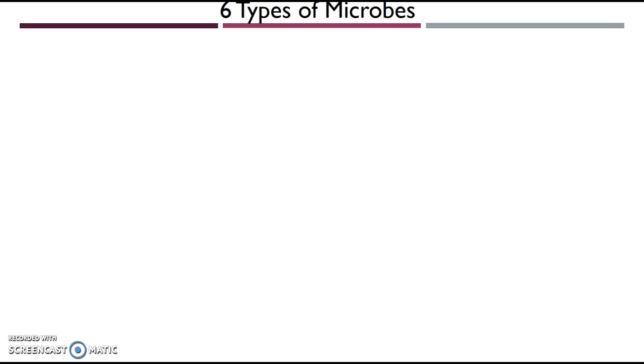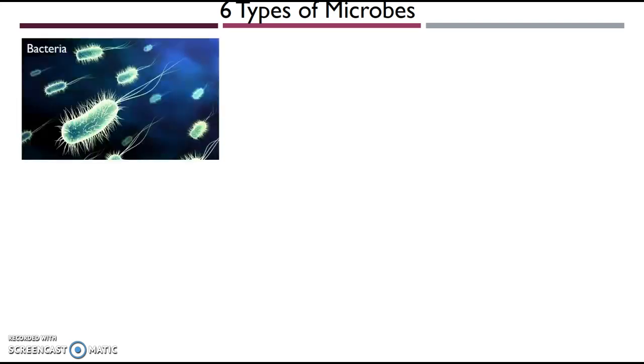There are 6 types of microbes that you will be learning about in this course, this term. The first are the bacteria, and these are single-celled organisms, no nucleus, no membrane-bound organelles.